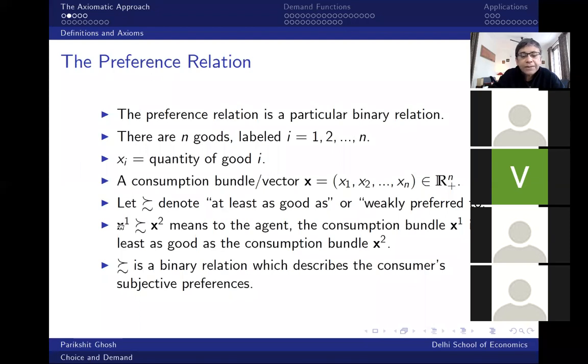For each individual good, we represent which good we're talking about through the subscript, whereas the superscript describes a particular bundle, not just the quantity of one good but a whole vector of goods. Hopefully that is clear.